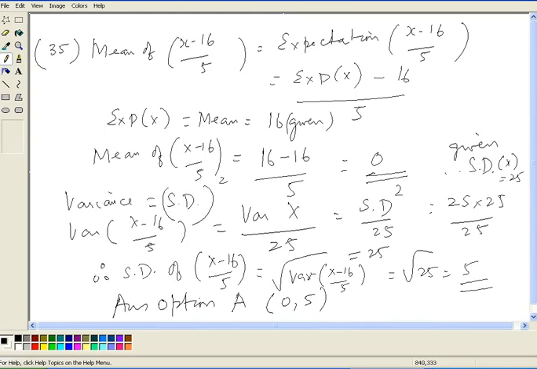We know that the standard deviation of x is given to be 25. So 25 into 25 by 25 will be the variance of (x minus 16) by 5. But what we require is the standard deviation of (x minus 16) by 5. So that is nothing but the root of 25, which is 5.